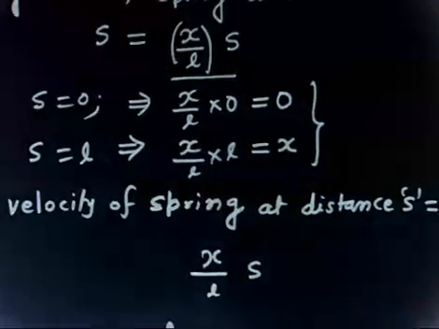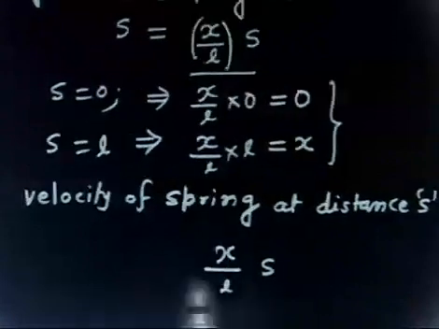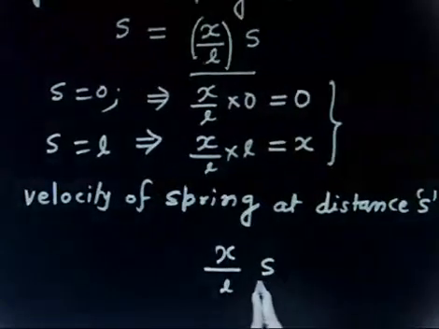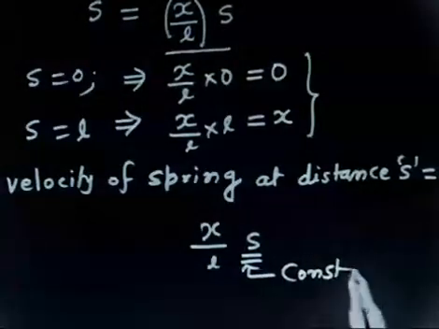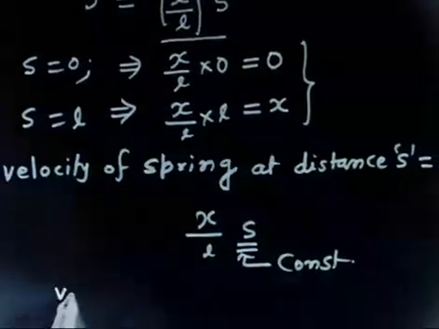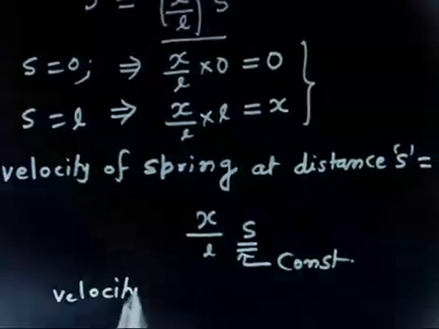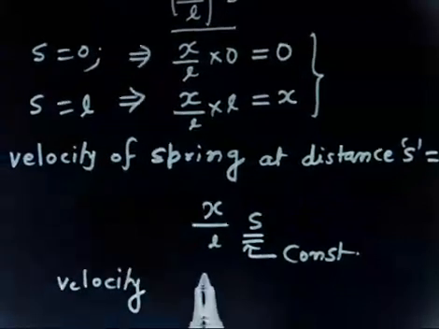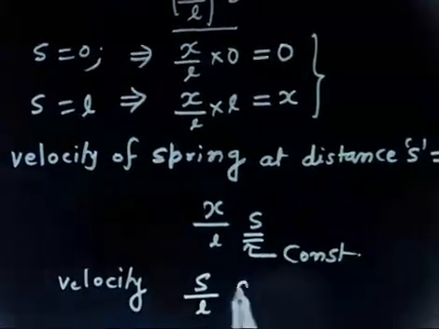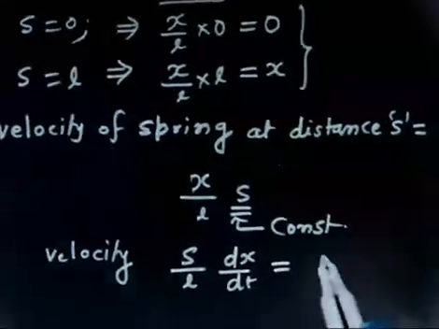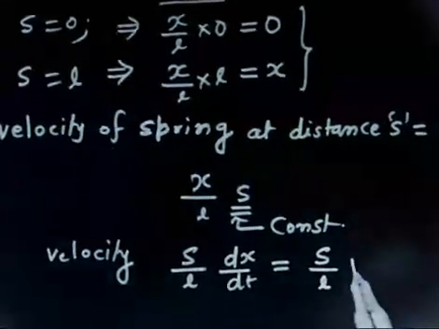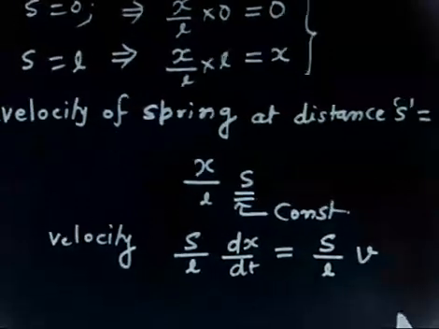S is a constant and L is a constant, so the velocity is S by L into dx by dt. And if dx by dt is V, I will have S by L into V.